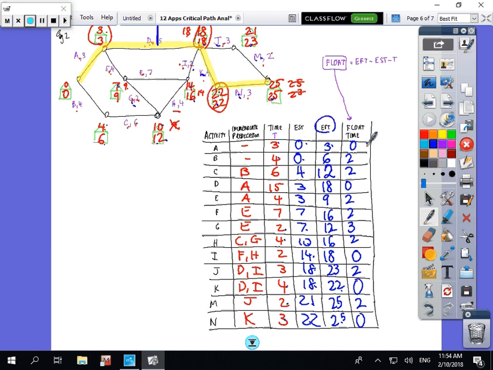So anytime you have a 0, that's on the critical path. So all these zeros are the critical path.